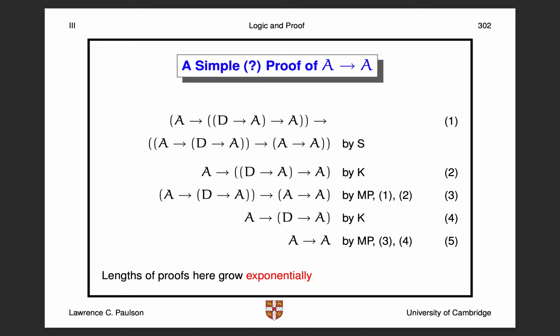The rules that we have here were given on the previous slide, and they are all we have to work with. Now, it turns out that this proof system is complete for propositional logic. That is, it can prove everything that's a theorem. But it turns out the lengths of proofs grow exponentially, even for trivial looking things like this.